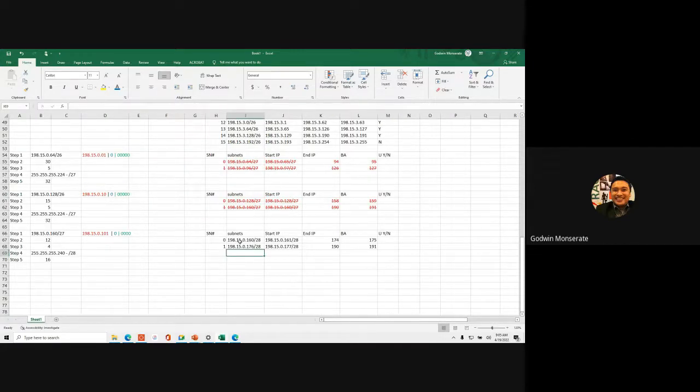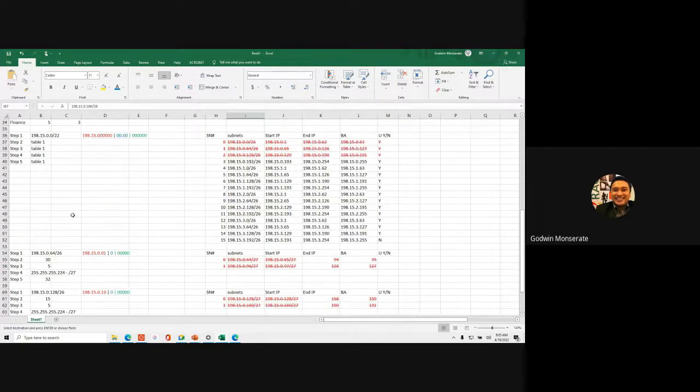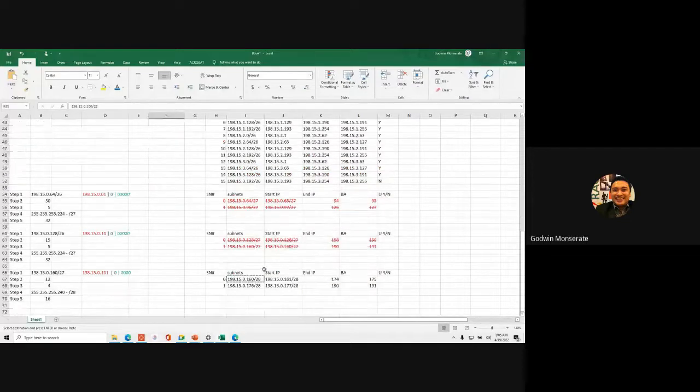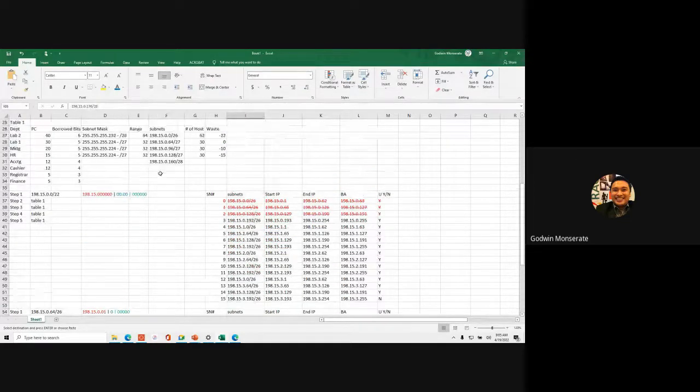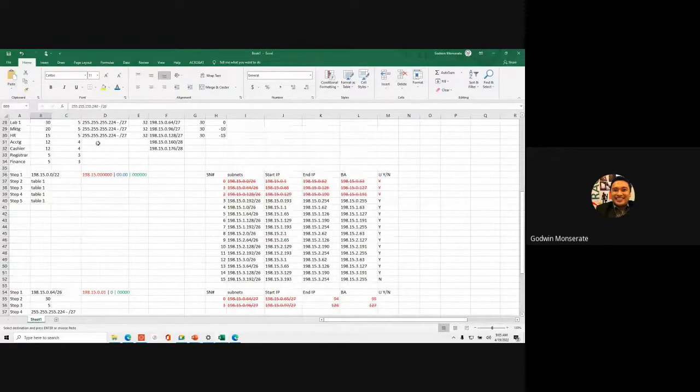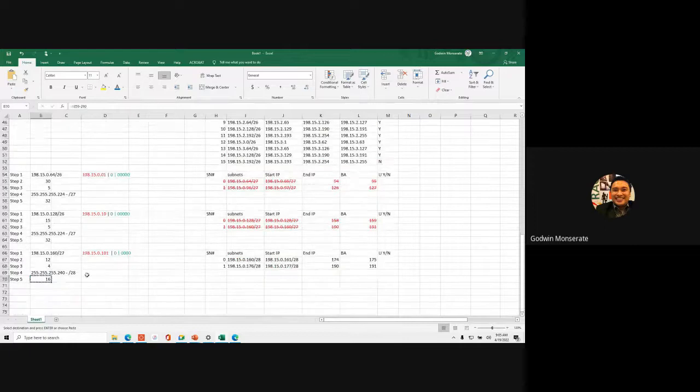So let's start applying this already. This one will be copied to here. We will be needing 12 here. Of course, the last one is 12 also. Here. Look at that. Then we will copy our subnet mask here. The range will be the same, our range is 16.